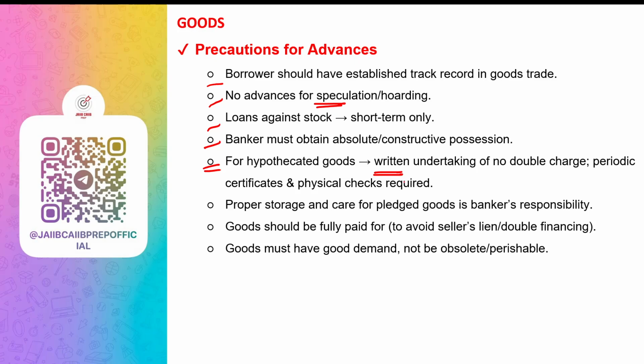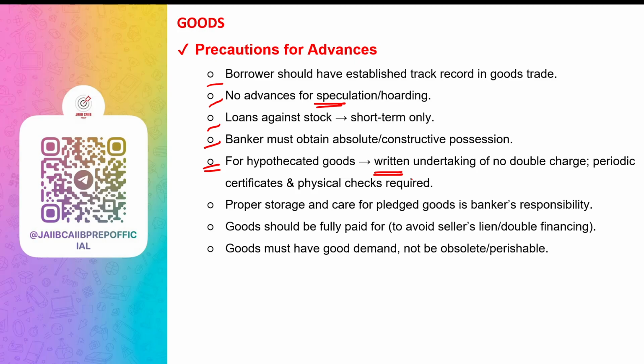Regular stock verification, and a borrower certificate on quality and value, should be obtained. Proper care and storage should be done in order to prevent damage. The goods must be carefully stored, and the goods must be fully paid for, avoiding double financing.